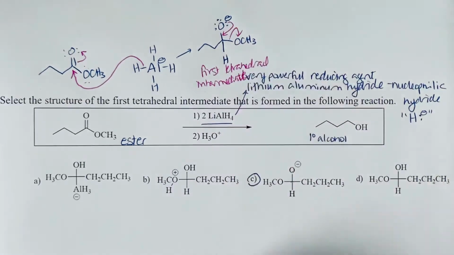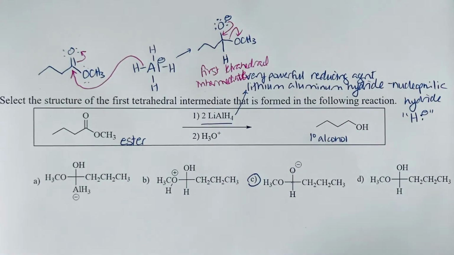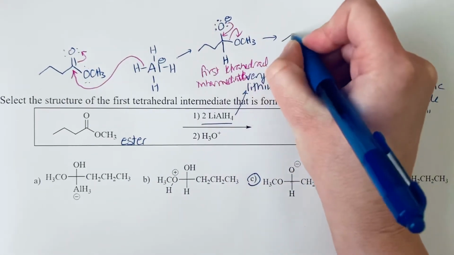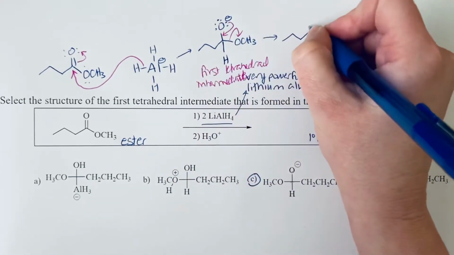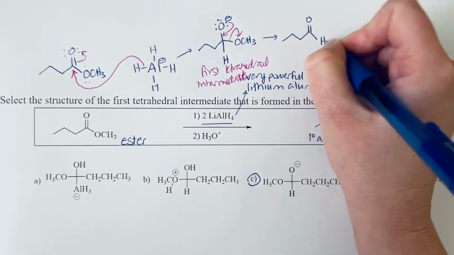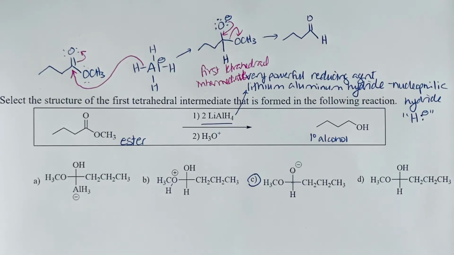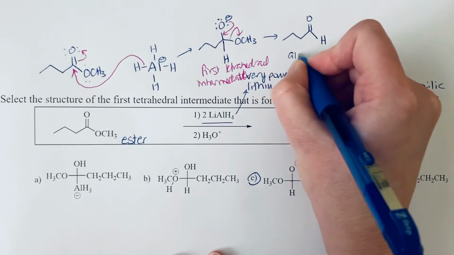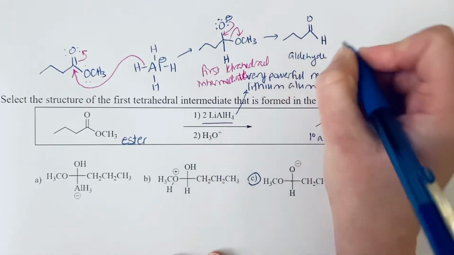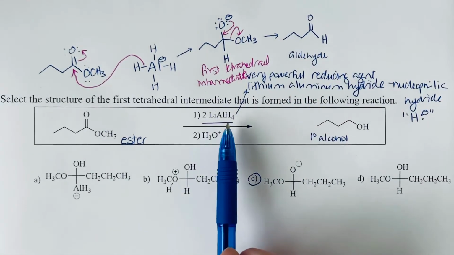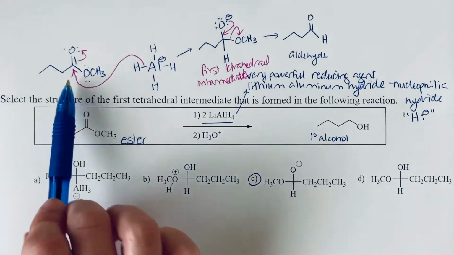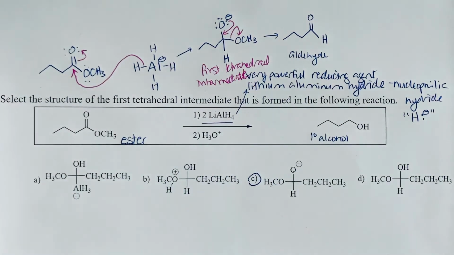That methoxy group is a good leaving group. So we've kicked off that OCH3 minus, and we formed an aldehyde as an intermediate. Aldehydes are even more reactive than esters. So if lithium aluminum hydride is a powerful enough reducing agent to react with an ester, it's definitely going to react with an aldehyde.